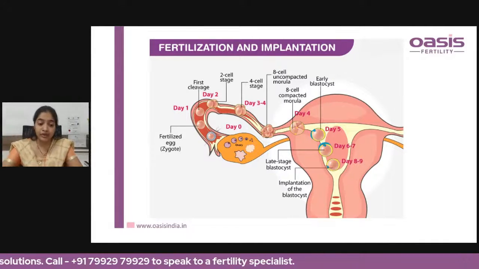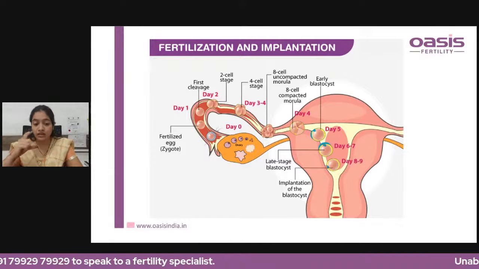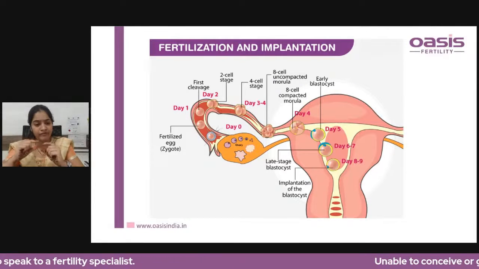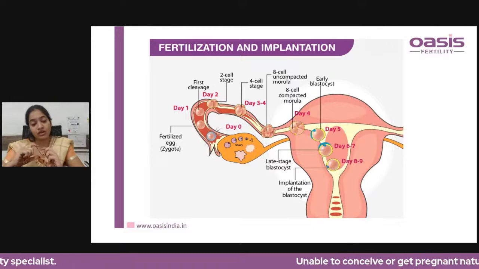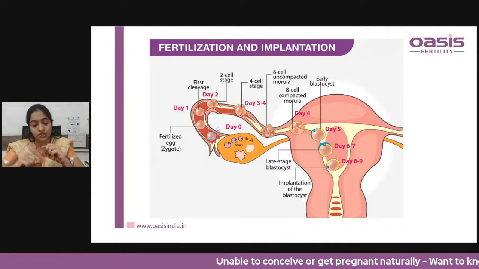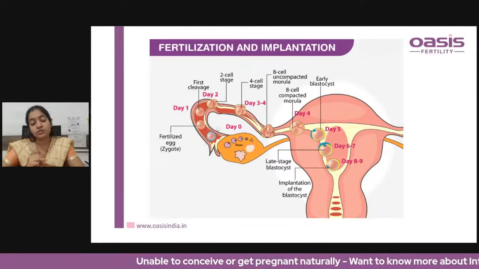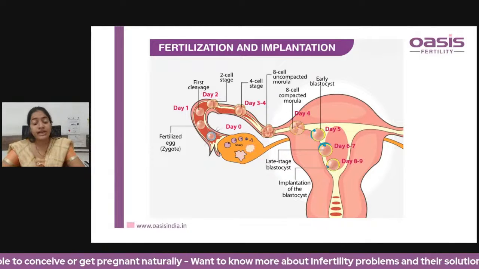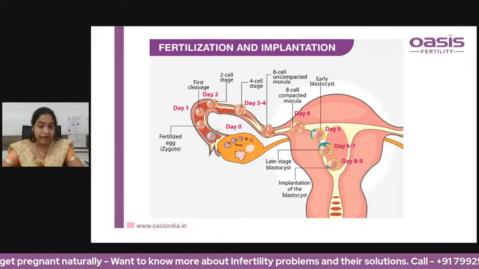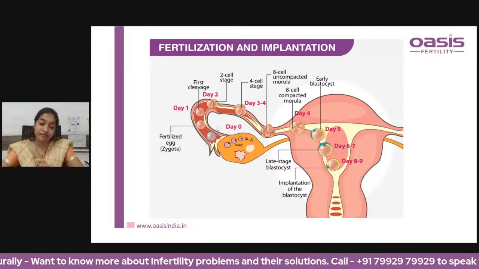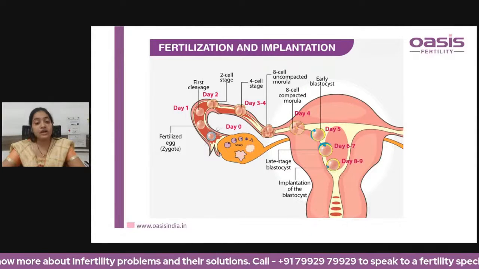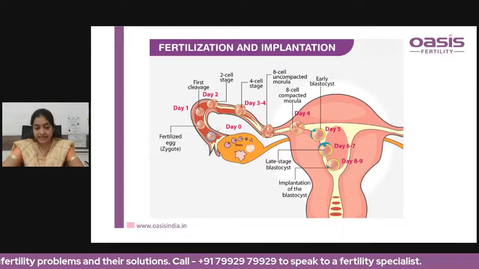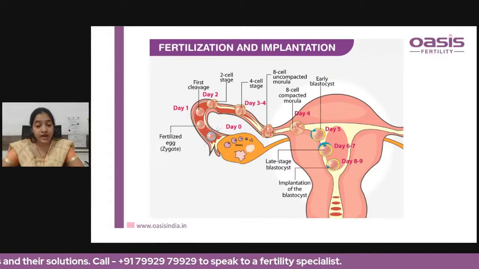The embryo is a very primary stage of life, basically. The embryo gets implanted into the endometrium on day 5 and day 6, and after successful implantation, we get a positive pregnancy result.